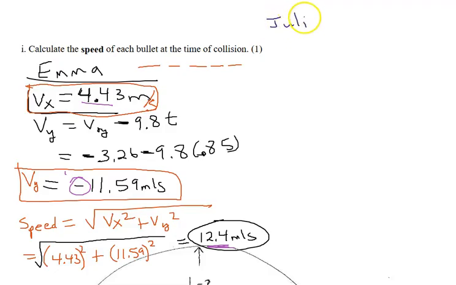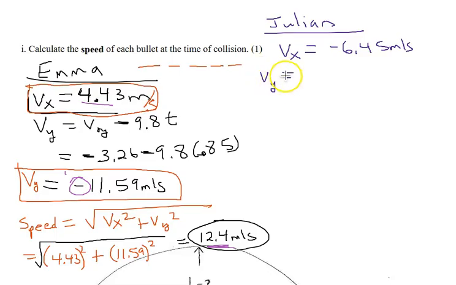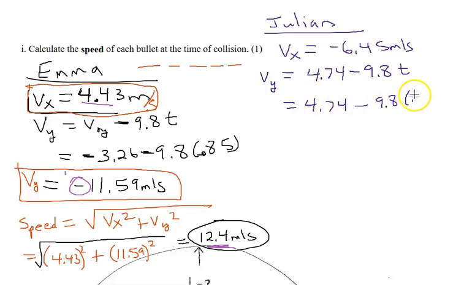Let's see what's going on with Julian. And his initial x velocity was negative 6.45. His y velocity was headed up at 4.74, but gravity was pulling it down. So let's see what happened to that in 0.85 seconds.